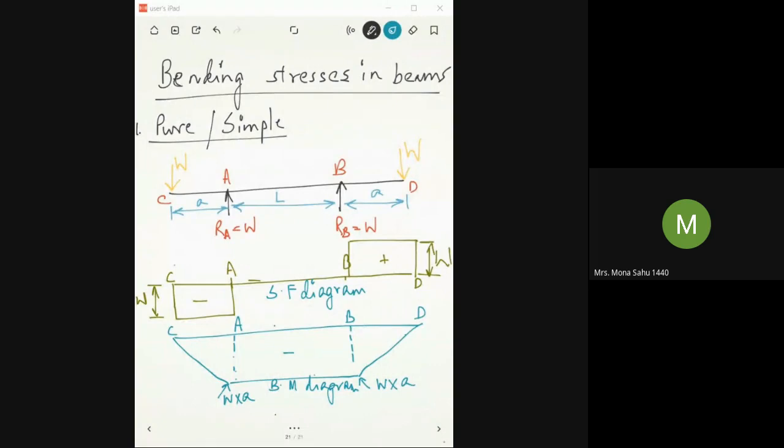Okay, so if you see this diagram very clearly, have you guys finished drawing? My screen is visible, right? Yeah. Please let me know once you're done. Please use the chat box.